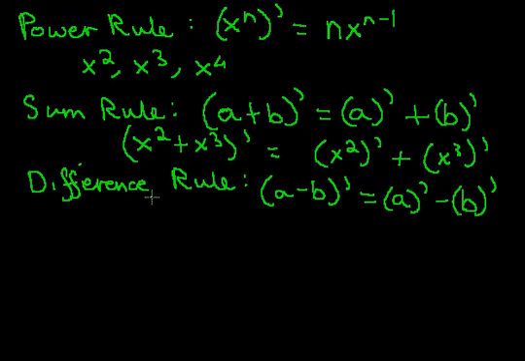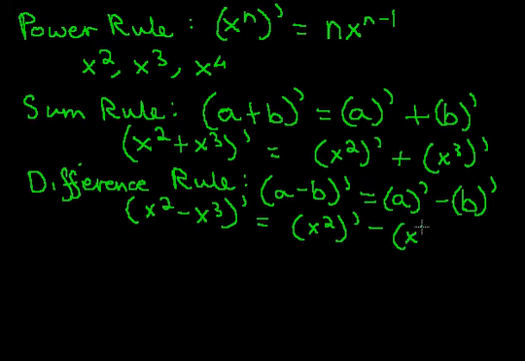And then you use this on problems which are, say you had x squared minus x cubed. And so you could break this down into x squared prime minus x cubed prime. And then you can do each one separately, and then use the power rule on each one of these separately.